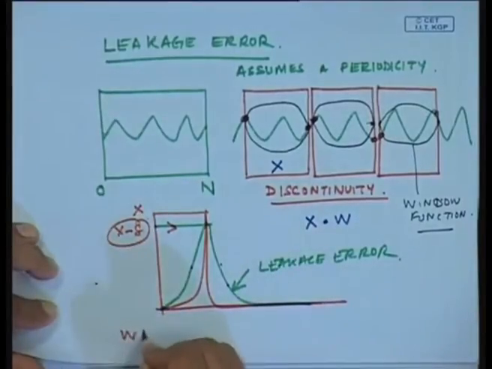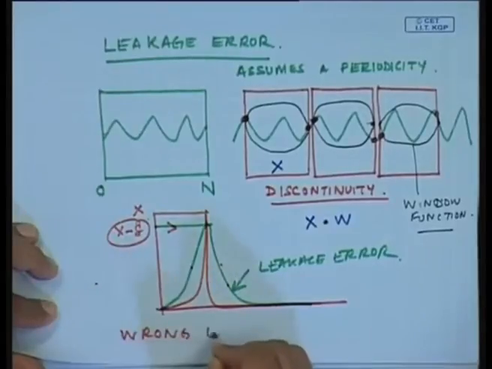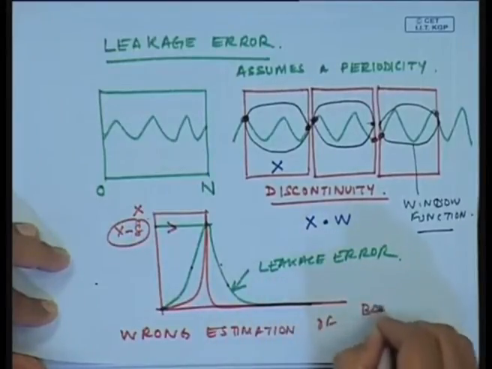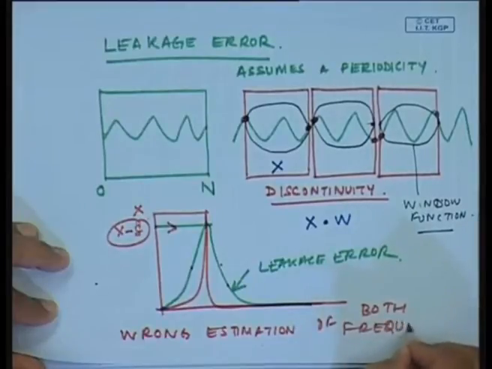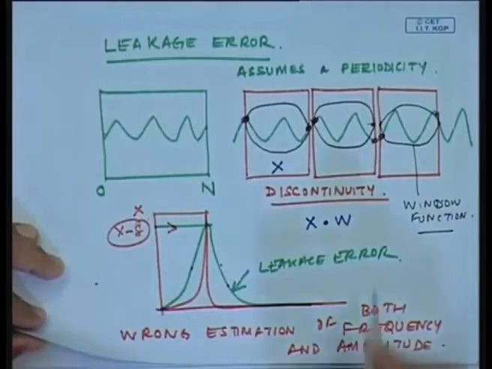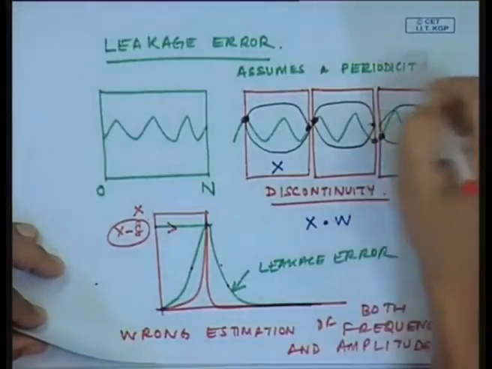So, a wrong estimation of both frequency and amplitude is obtained because of such discontinuities, because it assumes a periodicity.